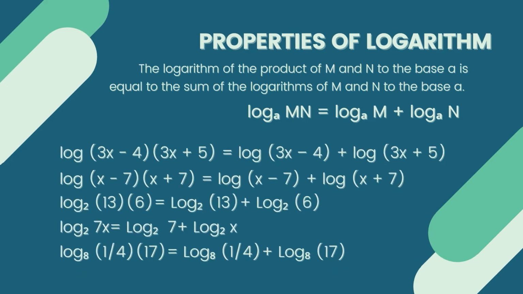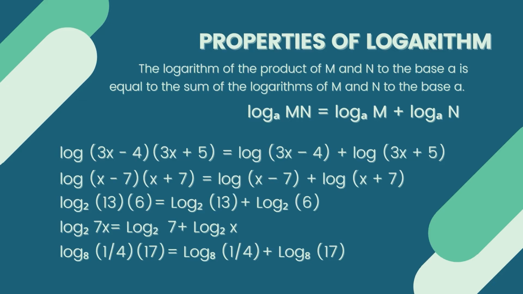logarithm of 3x minus 4 multiplied by 3x plus 5 equals logarithm of 3x minus 4 plus logarithm of 3x plus 5. Logarithm of x minus 7 multiplied by x plus 7 equals logarithm of x minus 7 plus logarithm of x plus 7.